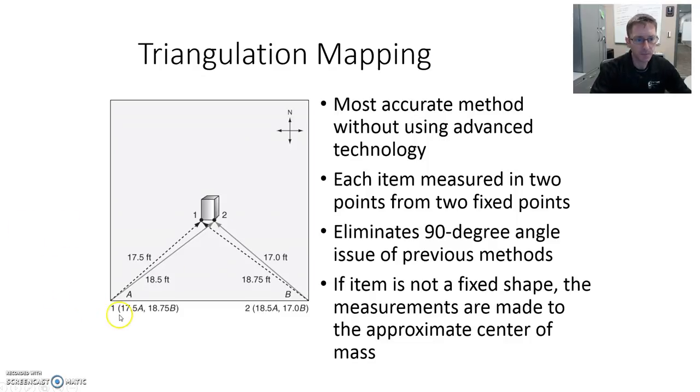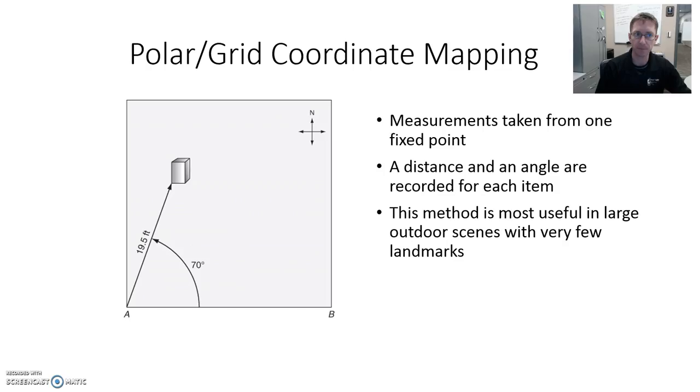Triangulation, we have 2 different points we measure from, and we measure the distance from those 2 points to the objects that are evidence, and multiple points on that, and each one of these makes a triangle. Very, very accurate form of measurement. Very difficult to enter these coordinates into a computer drawing program and actually get a good, easy drawing to come back out of them. And then polar coordinate mapping or grid coordinate mapping.